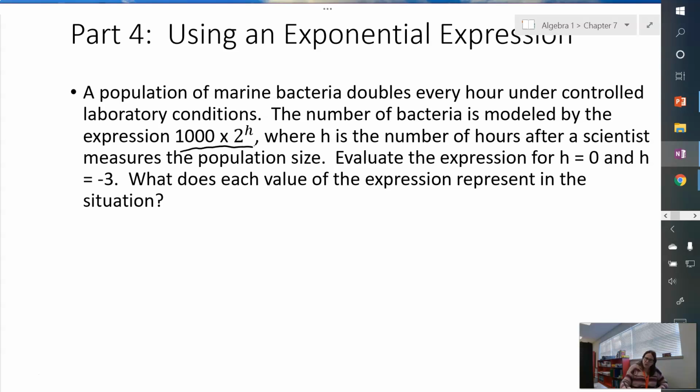So here's our expression, 1,000 times 2 to the h, and h equals hours. So the first one is when h equals 0. Well, what does that mean? That means the experiment has just started. So this is your start time.